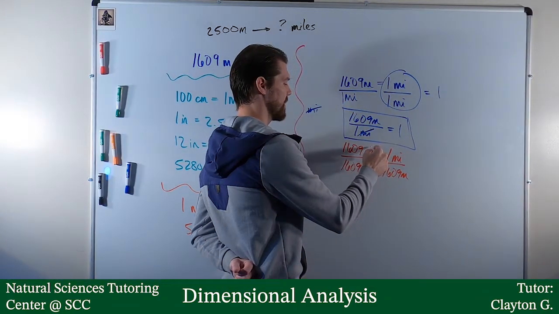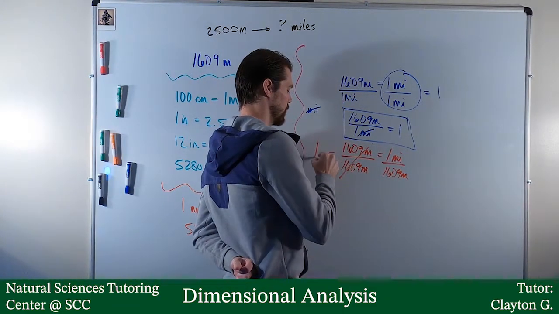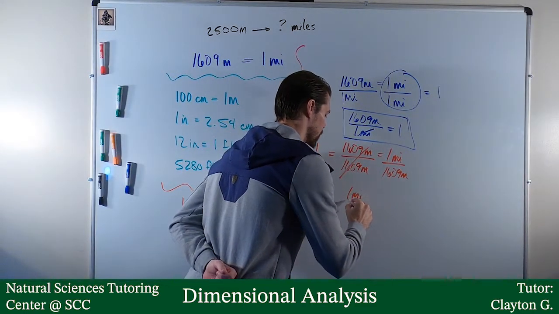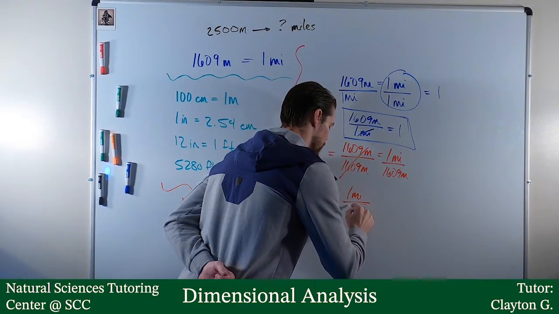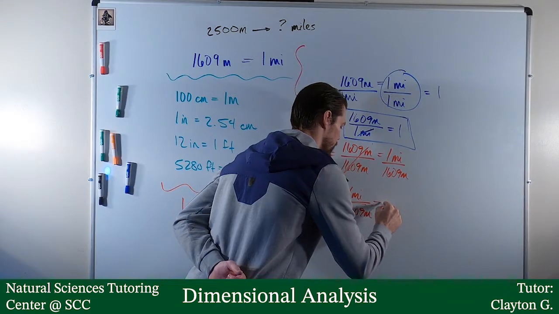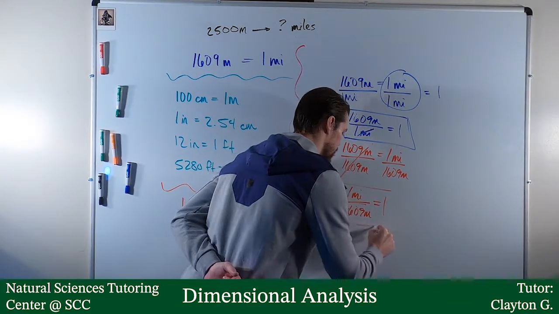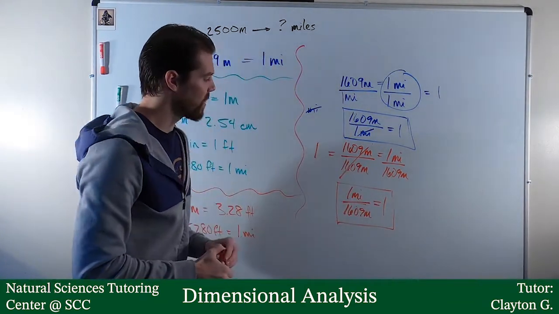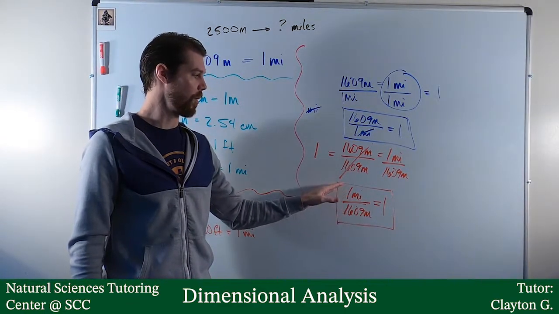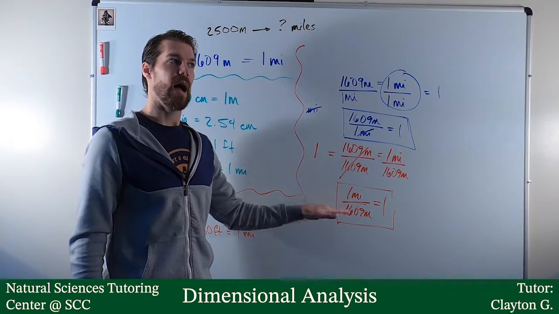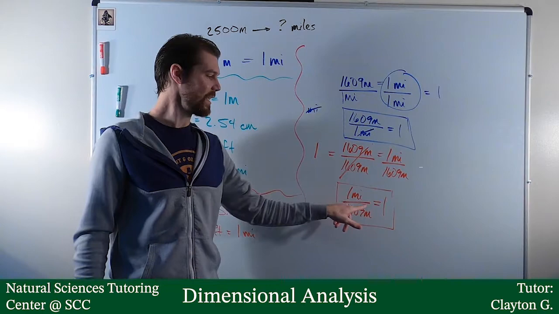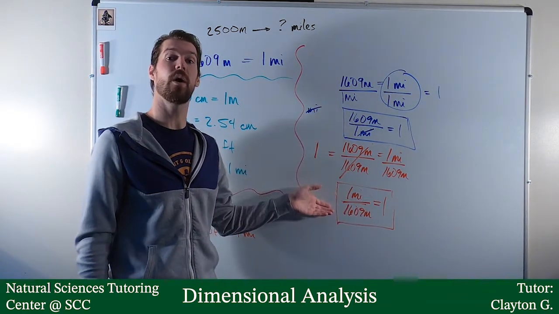Well, now that equals 1. So now we have 1 mile over 1609 meters equals 1. And once again, if I use this conversion, I am still multiplying by 1 because this equals 1. We just proved that twice.